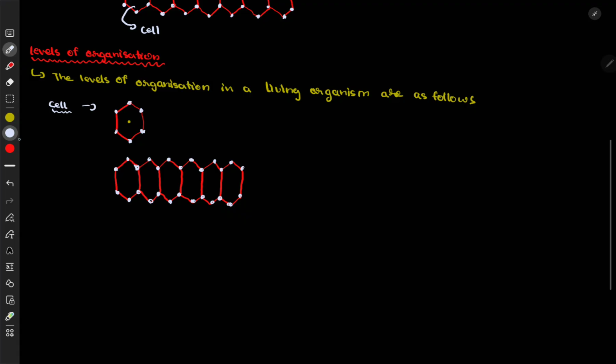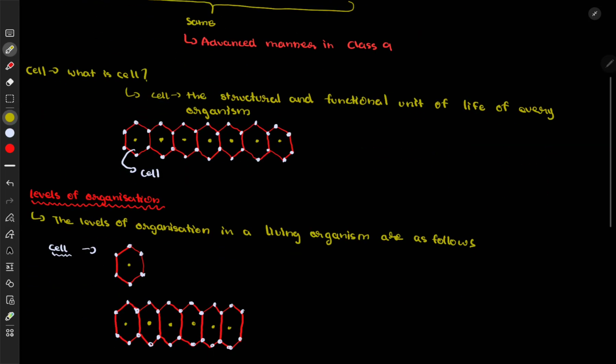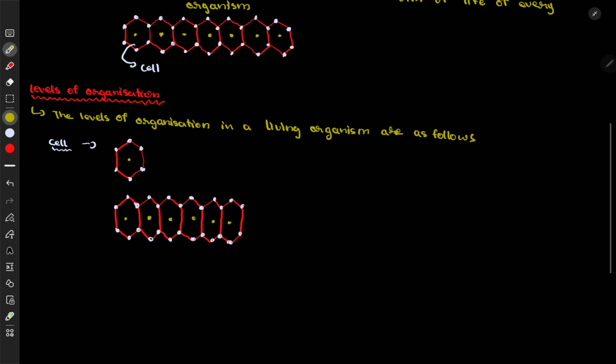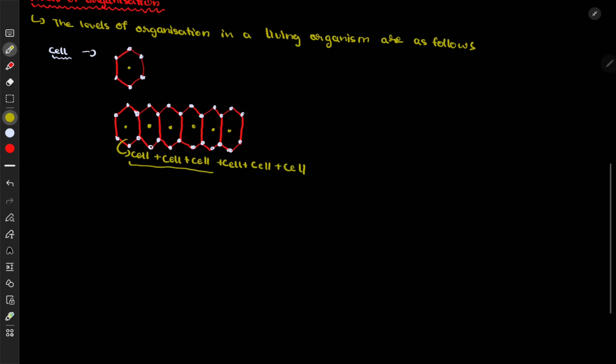Now you see, like the Lego, you join the Lego, you create a wall. Similarly, each cell plus cell plus cell, there will be a large number of cells. All of these cells together will form one thing called a tissue.